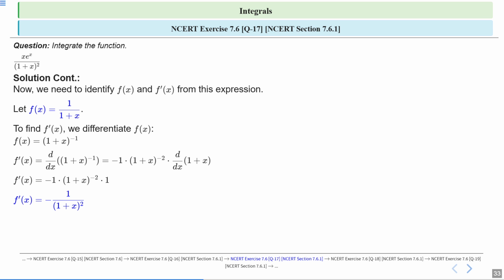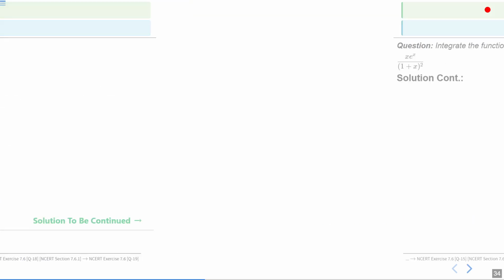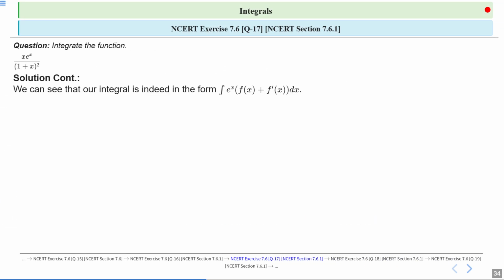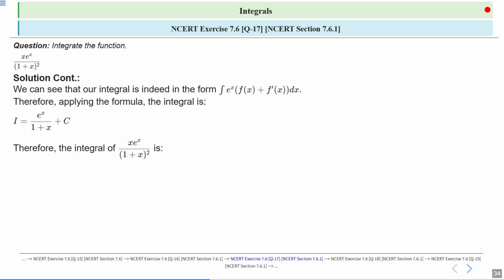So we directly apply the special case to find the value of the integral. Applying the formula, the value of the integral is e^x into f(x), and the value of f(x) is 1 by (1 plus x), plus c. The final answer is e^x by (1 plus x) plus c.